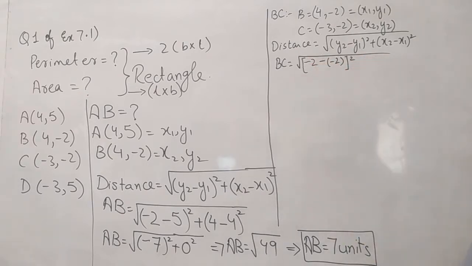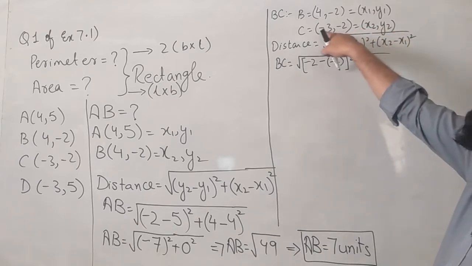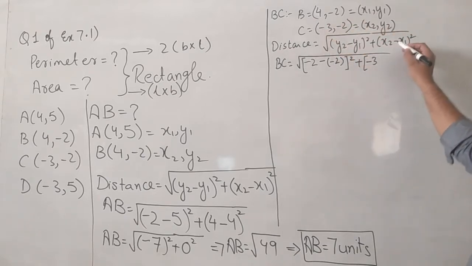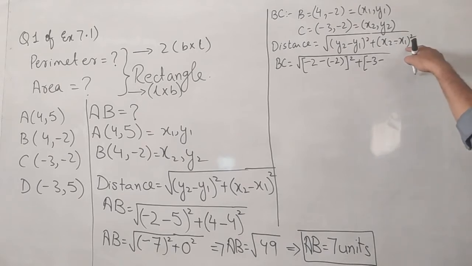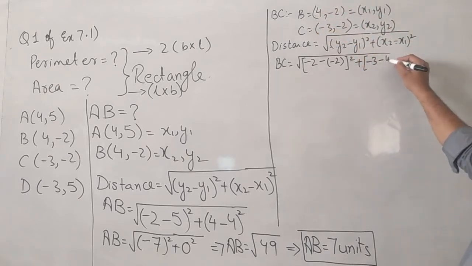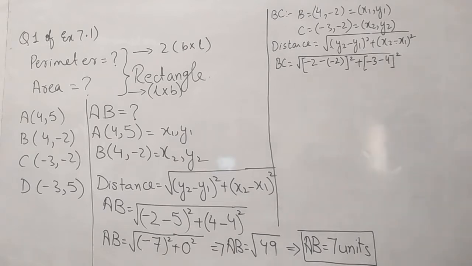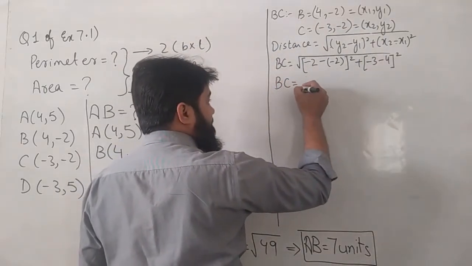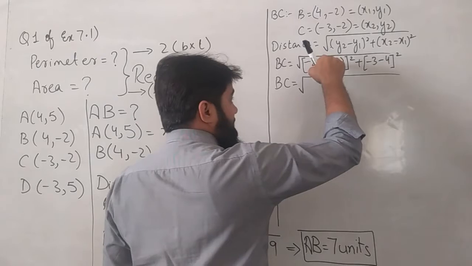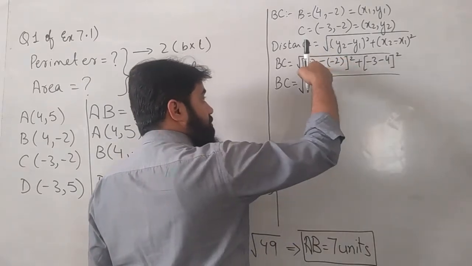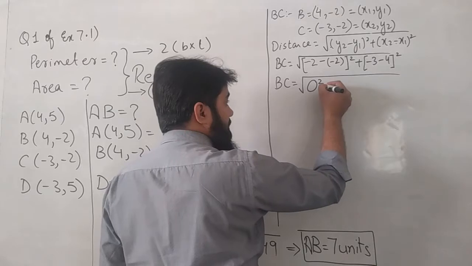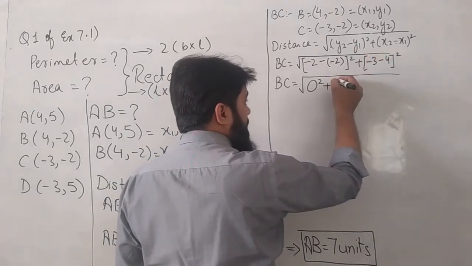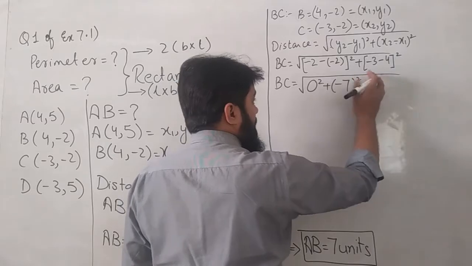Be careful about the formula sign and what is given. Plus x2, which is minus 3, minus x1, which is 4, whole square. Simplifying it, BC equals minus 2 minus minus 2 will be plus, so plus 2 minus 2, this will become 0 square, plus minus 3 minus 4, minus 7 whole square.